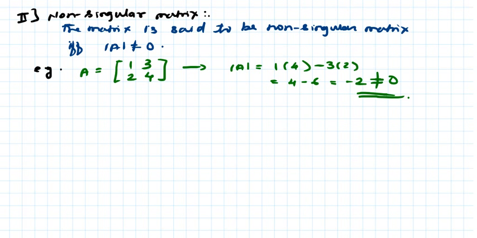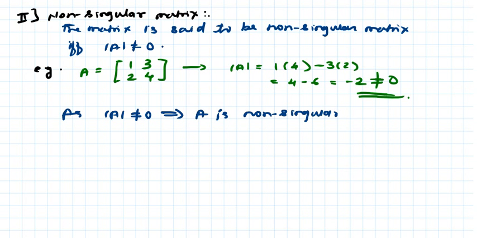As the determinant of the matrix A is not equal to 0, this implies the matrix A is a non-singular matrix.